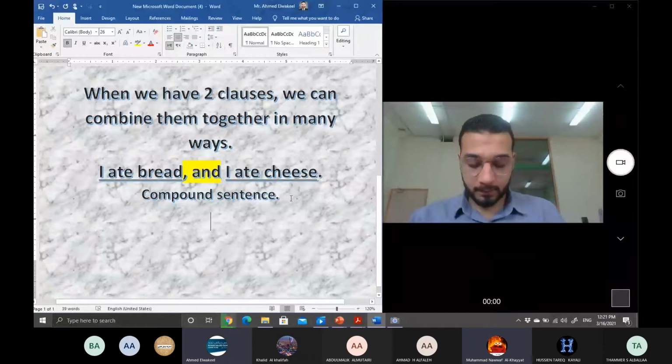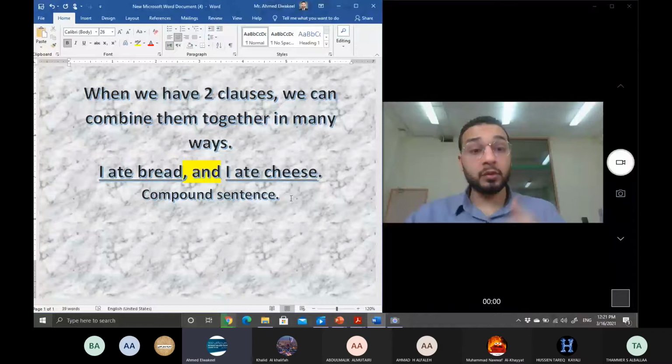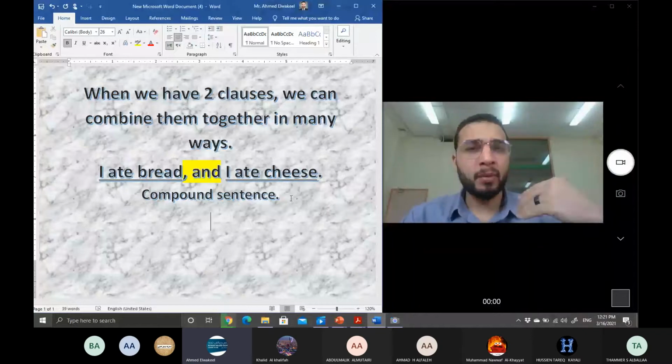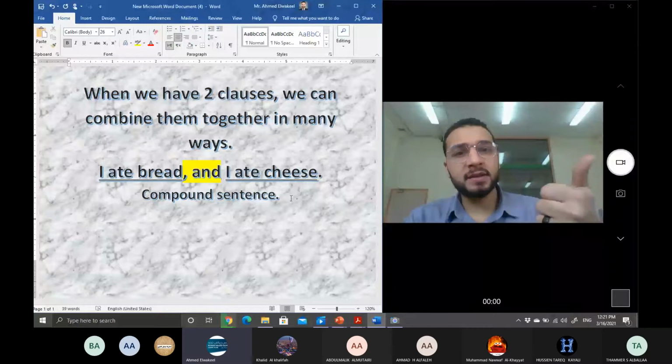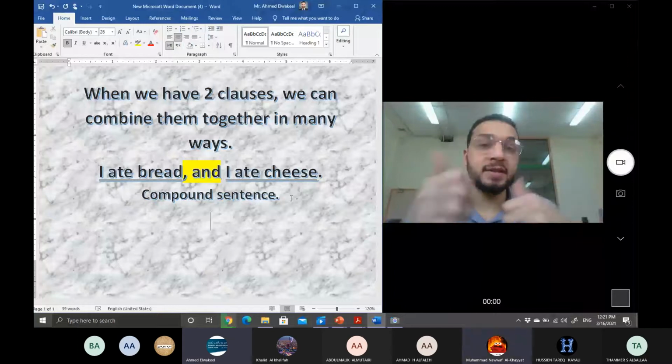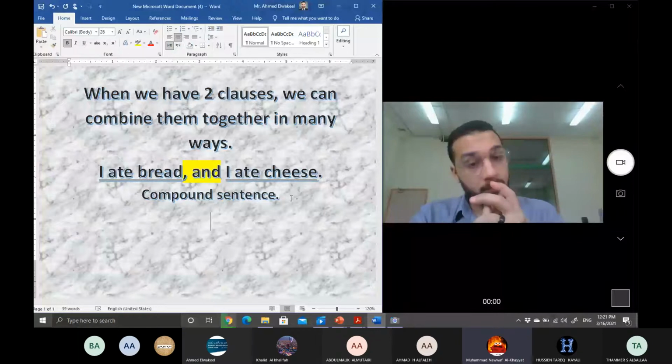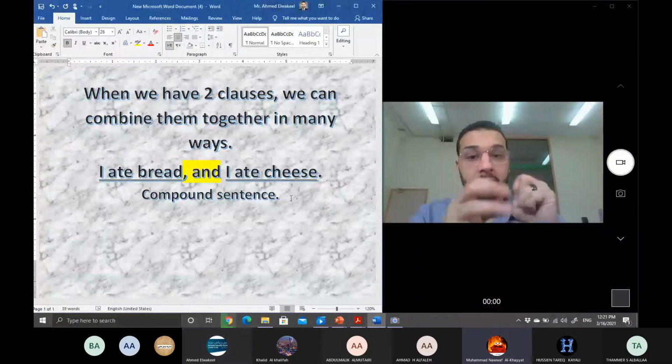A dependent and independent clause. Bravo. One dependent clause and one independent clause. So I'm sorry, but remind me, what does an independent clause mean and what does a dependent clause mean? Independent means it's basically its own sentence. It could work alone. Dependent means it needs something else to become a full sentence.